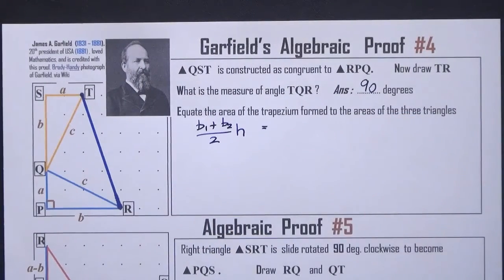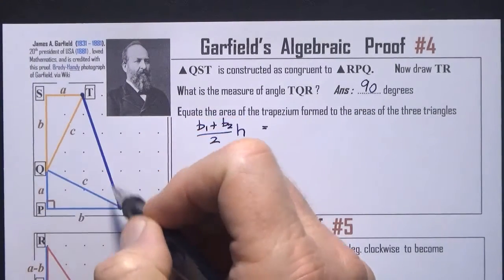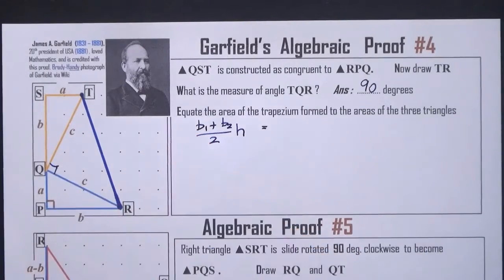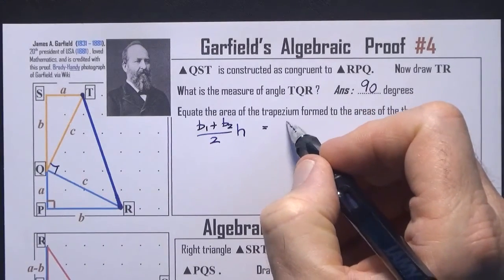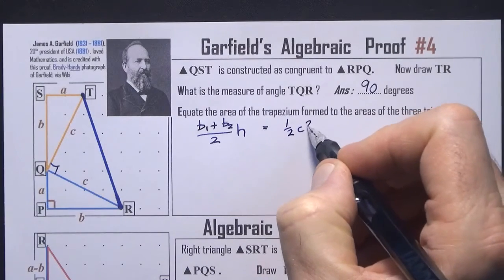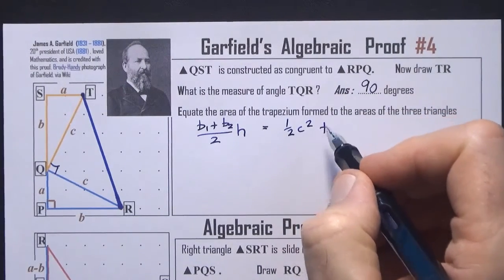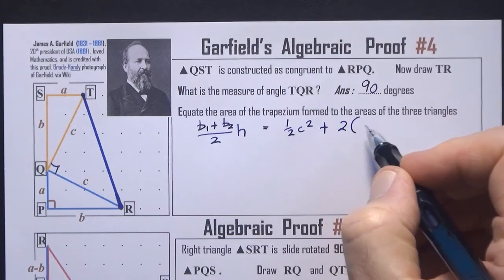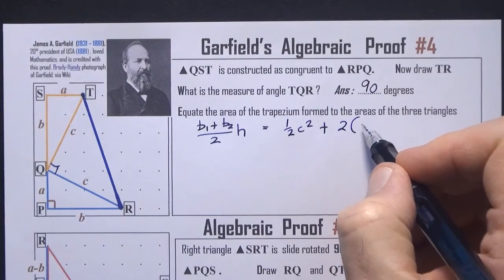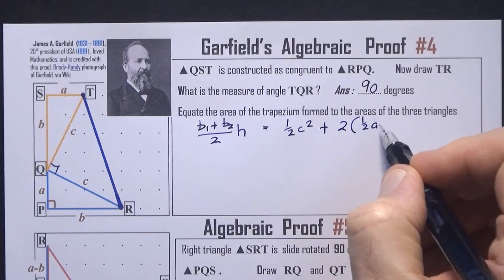Now this was going to equal the areas of the 3 triangles. Well, this one here, which we said was a right triangle, half c squared. And then we have 2 right triangles, half AB.